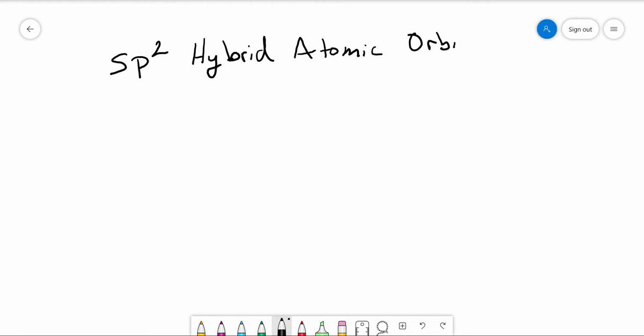Alright, we did sp3 hybrid orbitals in the last video, so now we are doing sp2 hybrid atomic orbitals. So it's kind of the same thing we did last time.